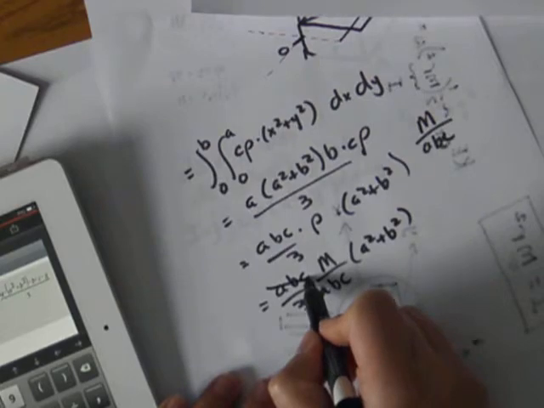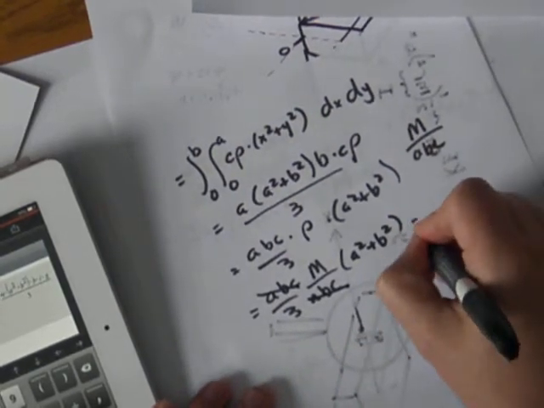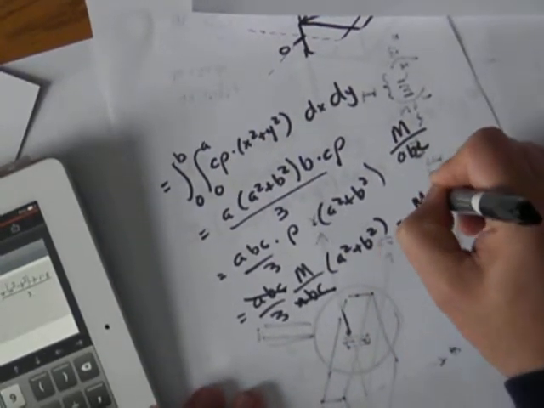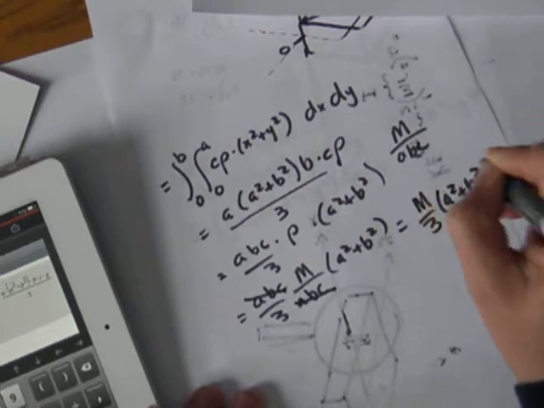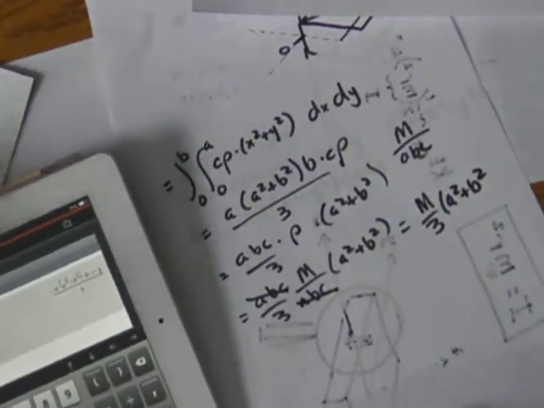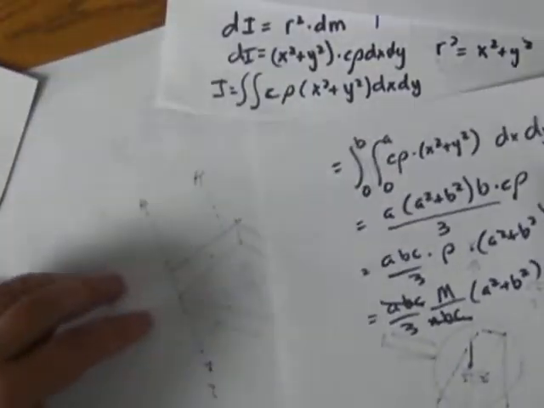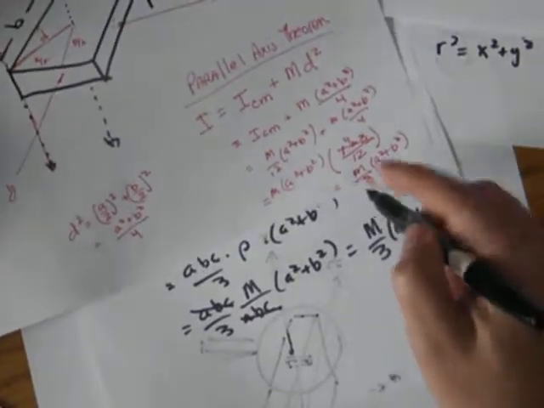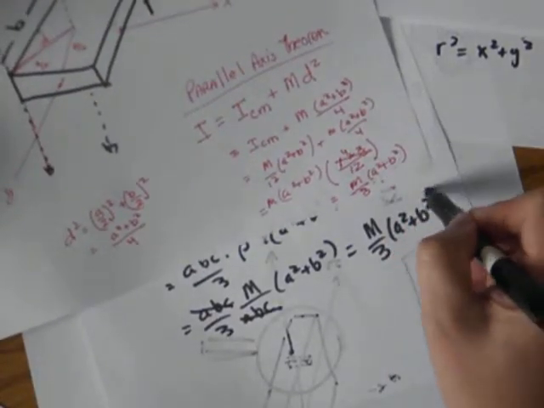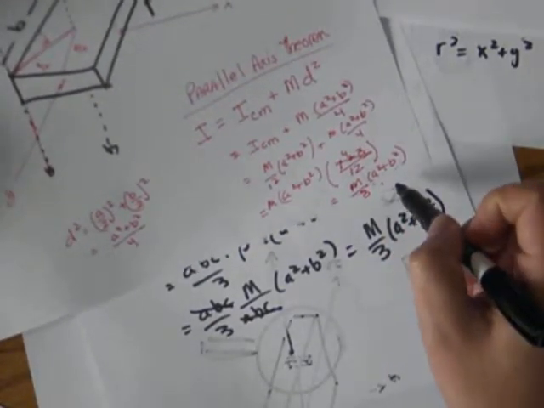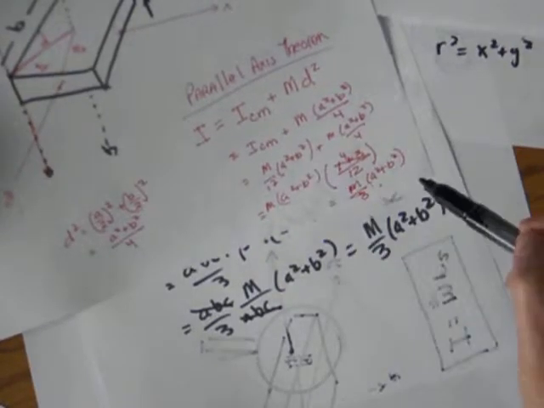And you can see that a times b times c all cancel, and we're left with m over 3 times a squared plus b squared, which is exactly what we got when we used the parallel axis theorem before. Same result. So we just proved that the parallel axis theorem actually works, at least for the slab.